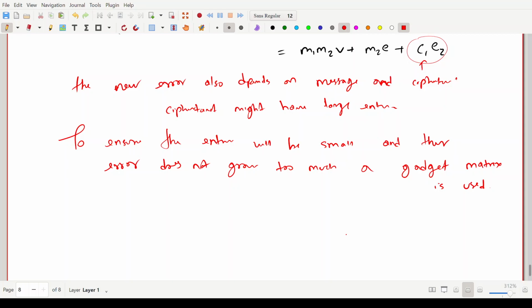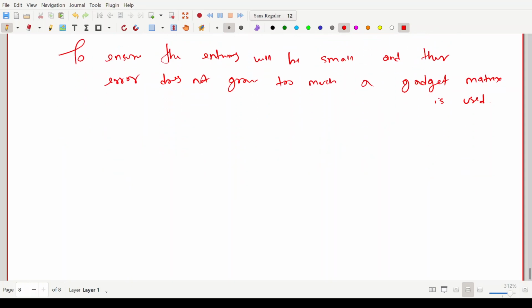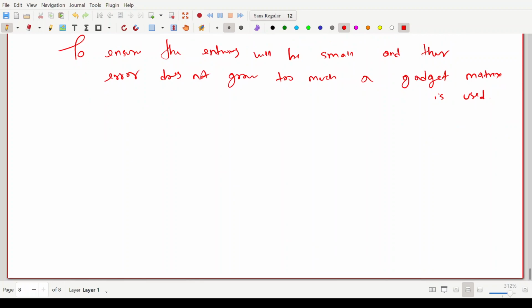Correct. To ensure the entries will be small and the error does not grow too much, a gadget matrix is used. So what is a gadget matrix? Let us see.